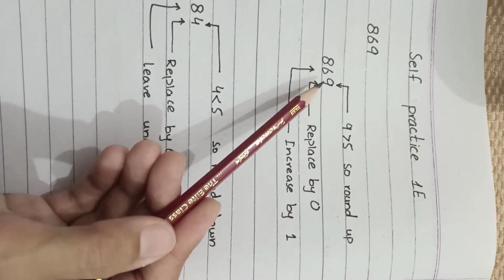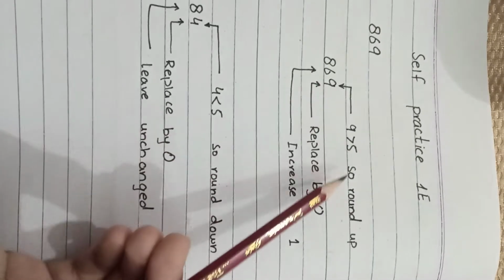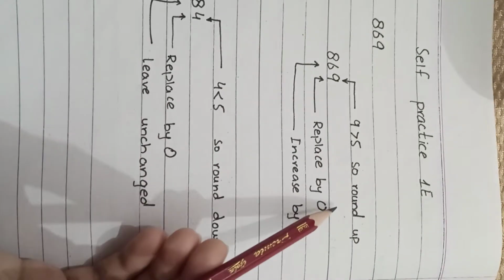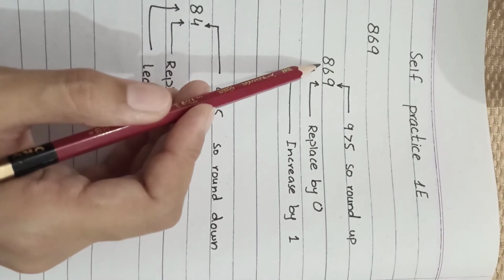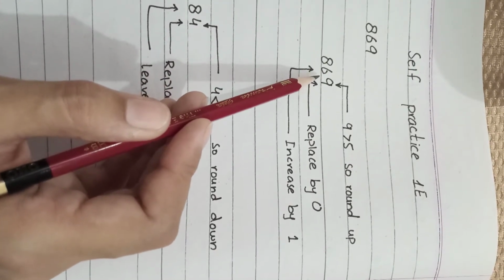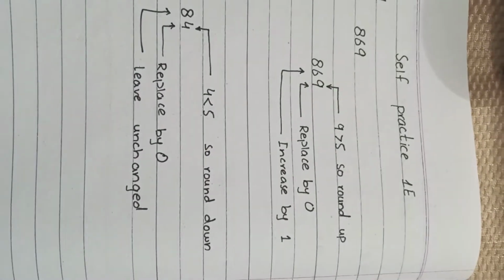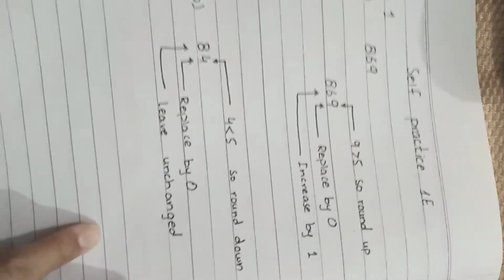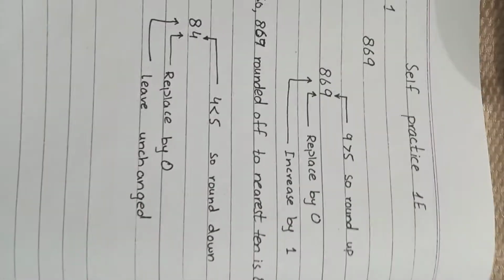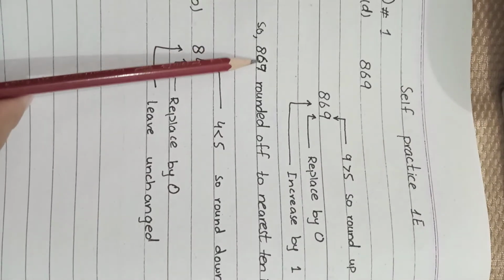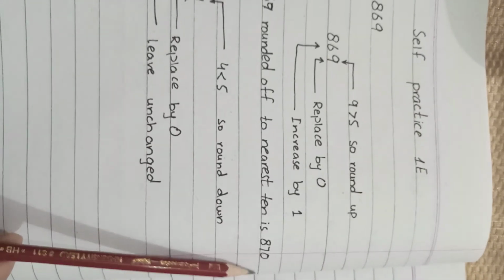The ones digit is 9, greater than 5, so we round up. The ones digit changes to 0 and the tens digit increases by 1. So 869 rounded off to the nearest 10 is 870.